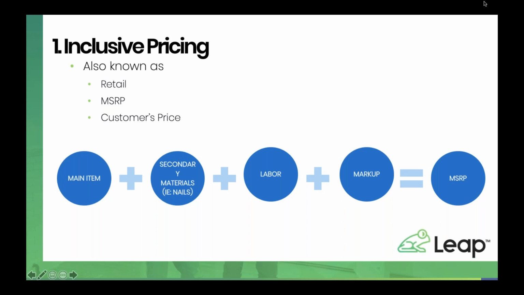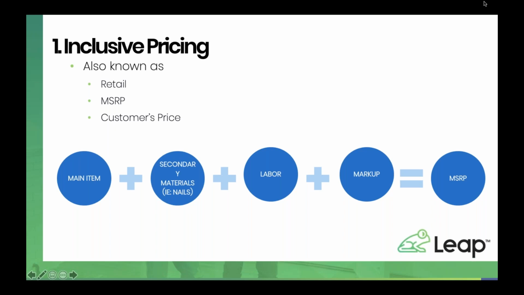So we want to just include that in the price of the item as well. We have crews who are going to be going through with all the labor that's going to be involved with installing that item. So we're going to include that price in there. And then of course the markup. So what your customer will need to pay, you have to mark up the pricing in order to make money. All of that together is going to give you the inclusive pricing method or the MSRP method for each product.